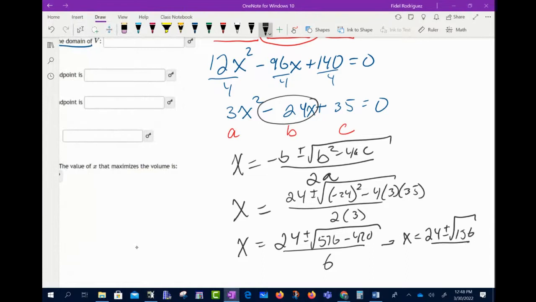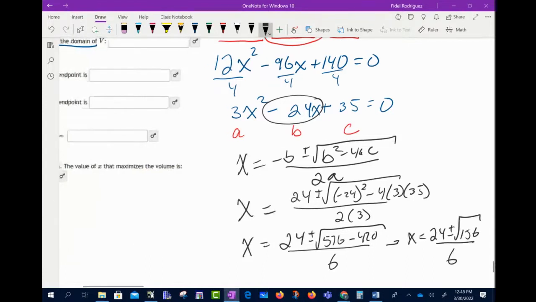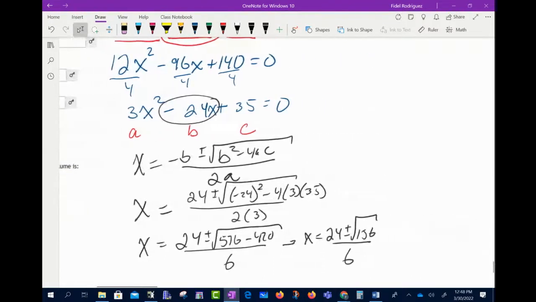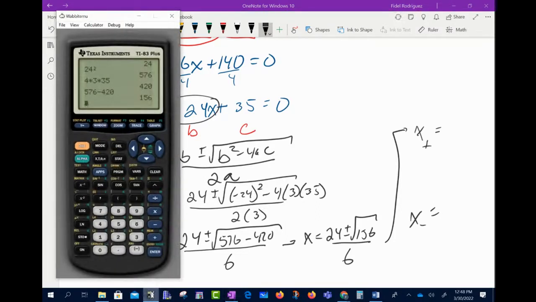24 plus or minus the square root of 576 minus 420, which is 156, all over 6. Okay, now at this step, y'all, I am going to use my calculator to get my two answers. So look, this is what I'm going to do. What is the square root of 156? Oh, I don't know, 12.4 and change.